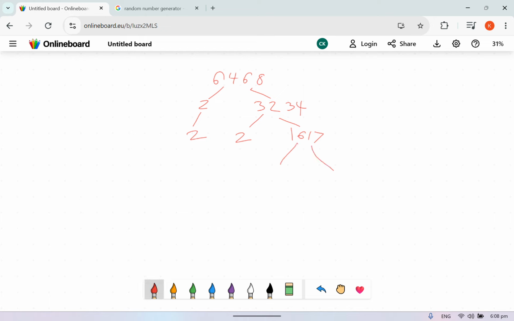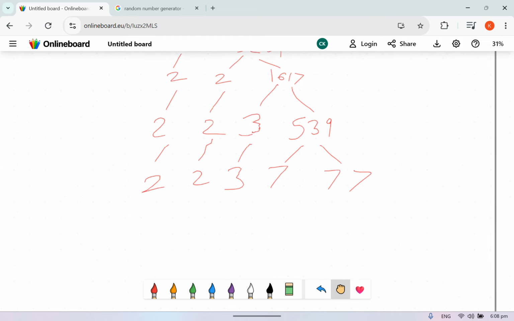This 1617, as we have gone through just now, can divide 3. So that'll be 3 and 539. Remember, we could divide 7. So 7 and 77. 77 will be 7 and 11.